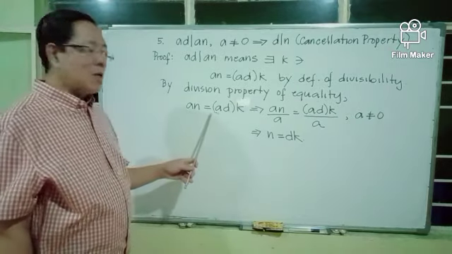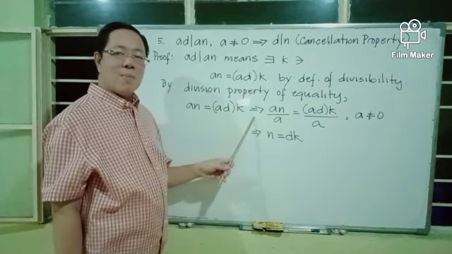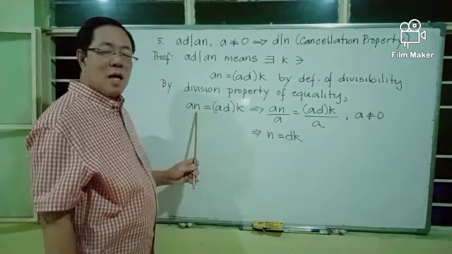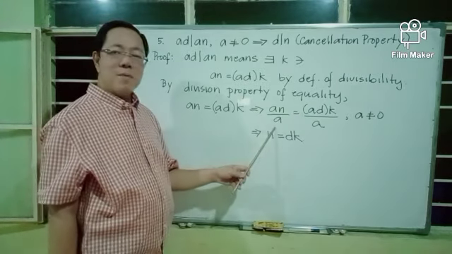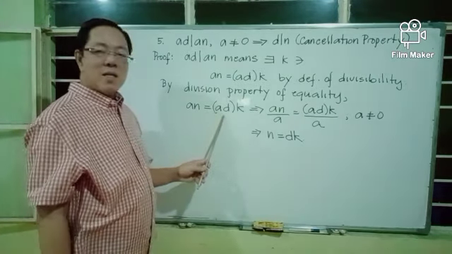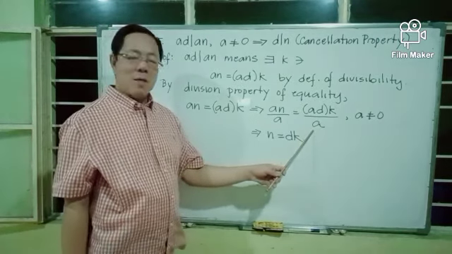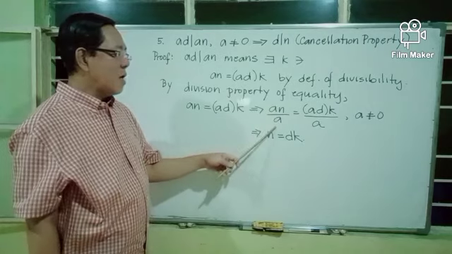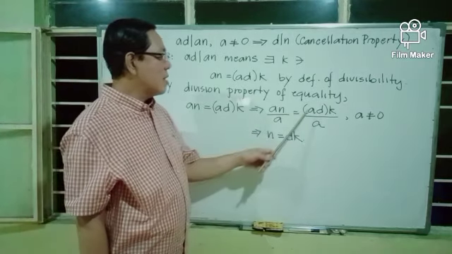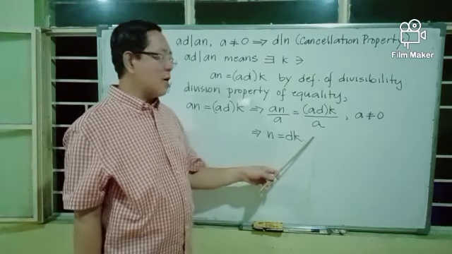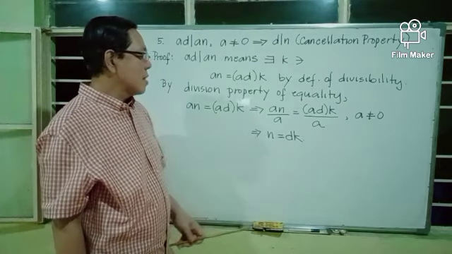Thus, an equals ad multiplied by k implies we divide the left hand side an by a, equals we divide the right hand side ad multiplied by k by a. And a will cancel out from the left, you get n. A will cancel out from the right hand side and you get dk.